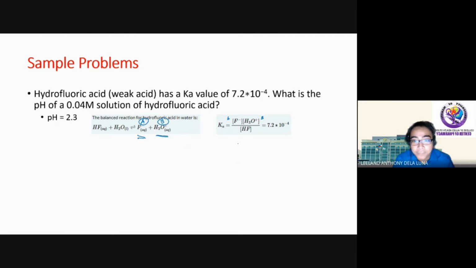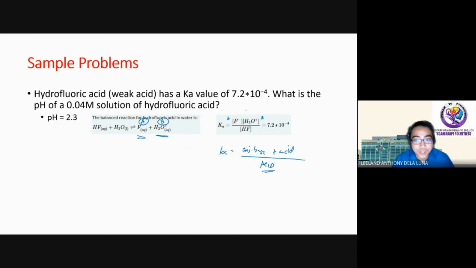Now, kapag magko-compute tayo, class, ng Ka nito, di ba sabi natin, ang magiging formula would be Ka is equal to conjugate base times acid over yung acid talaga na gagamitin natin. Yung acid na ginamit natin, which is separated.